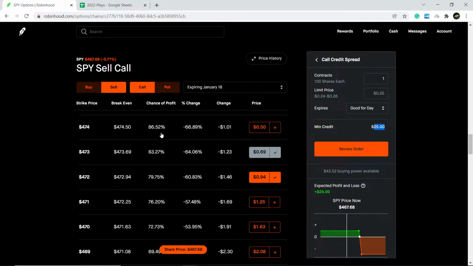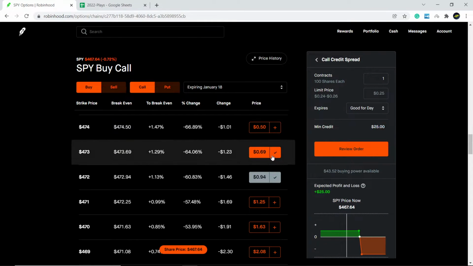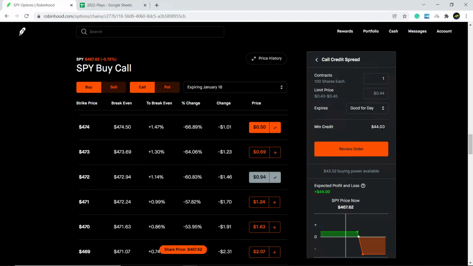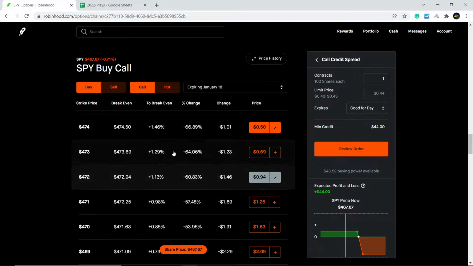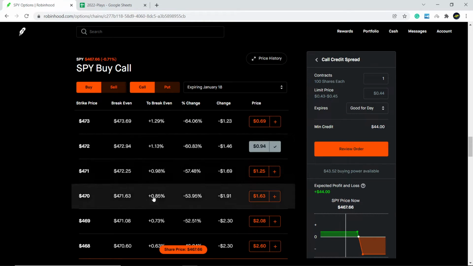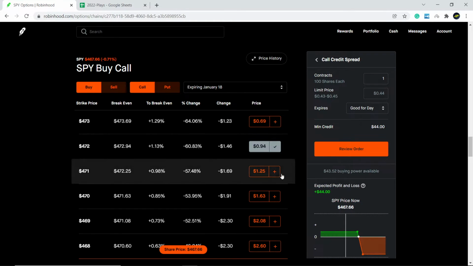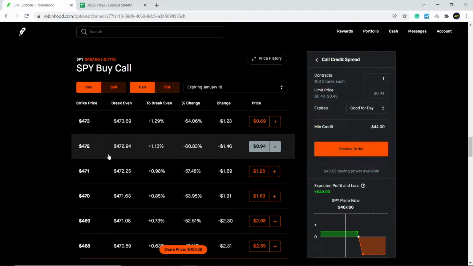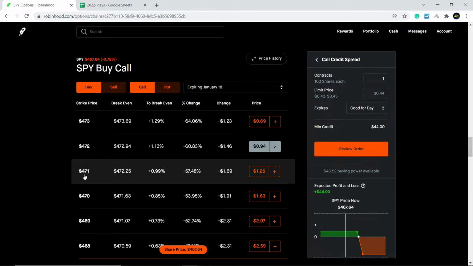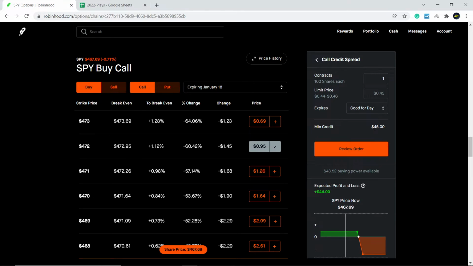So if I were to do, let's just say this, that's $44, right? And I move the strike price higher, but that means SPY can't move above 472. So if it stays at 471 on expiration day on Tuesday, now I would be making $45 as it keeps moving, because the prices are currently moving.